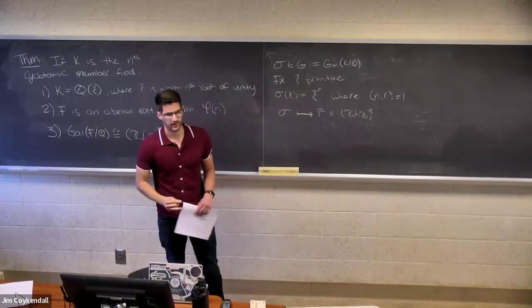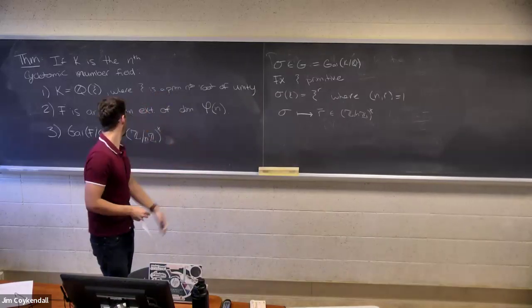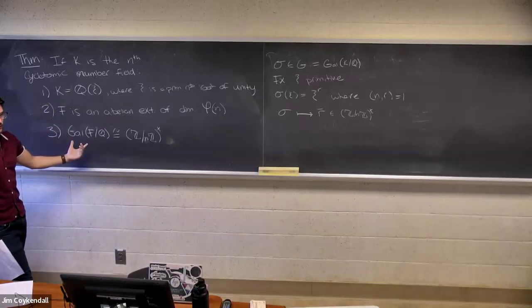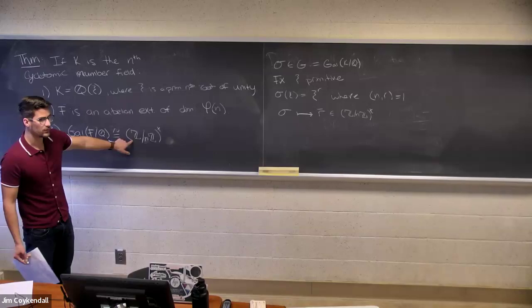And it's not too hard to show that that's actually a homomorphism, that it's one-to-one and onto. So this is really, really nice. It's very easy to characterize all of the intermediate extensions. Right, they're going to correspond to subgroups of this group.